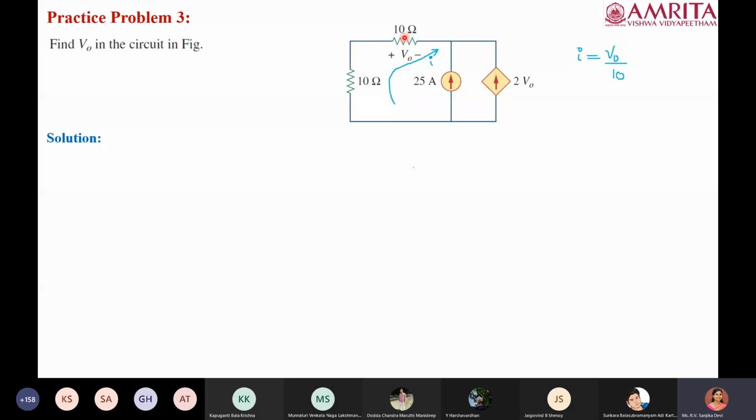So this current, if you are taking, is V0 divided by 10. If instead of 10 ohm they give you 5 ohm, then you take V equal to 5 times I.